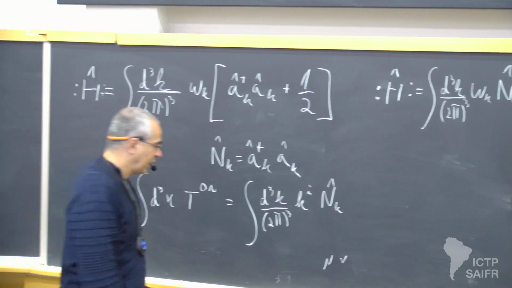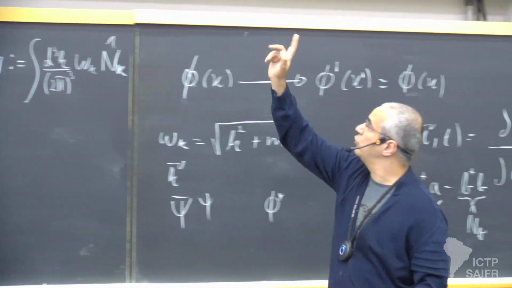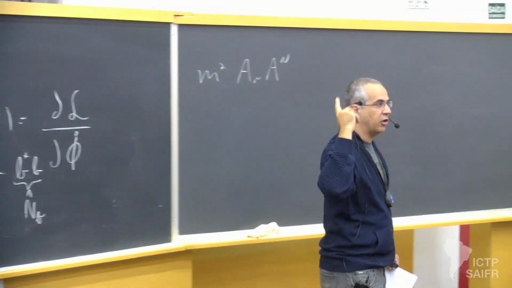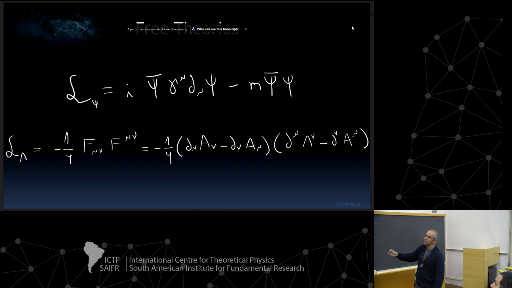So what do all these theories have in common? If you look, they are always quadratic in the field, right? If you take all terms here, you do the distributive here, you always find 2 powers of A. Here, there's always 2 powers of psi, and in the one I had before, there were 2 powers of phi.